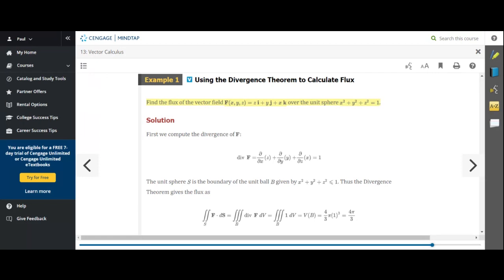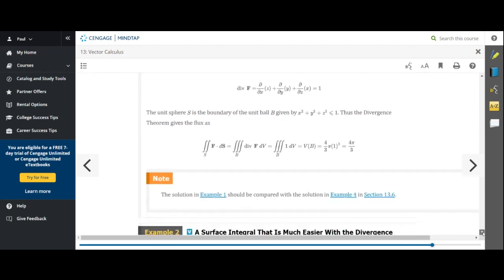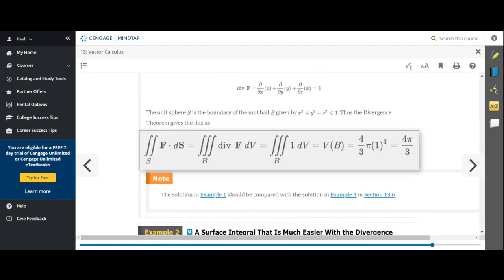And the unit sphere is the boundary of this ball that's inside. And so the divergence theorem will help you compute the flux across this surface, this sphere.